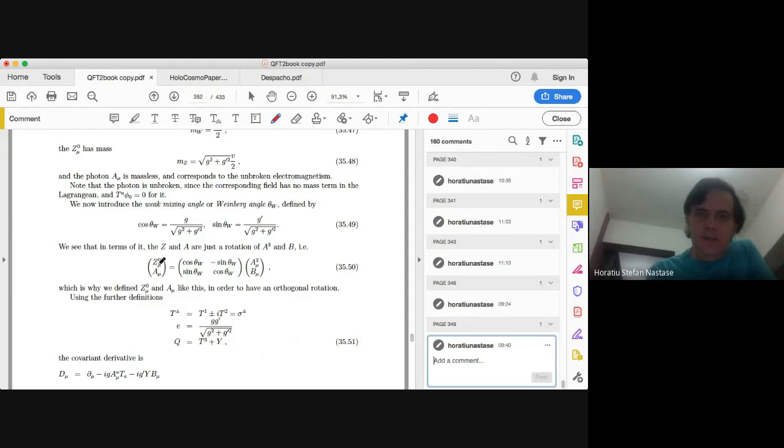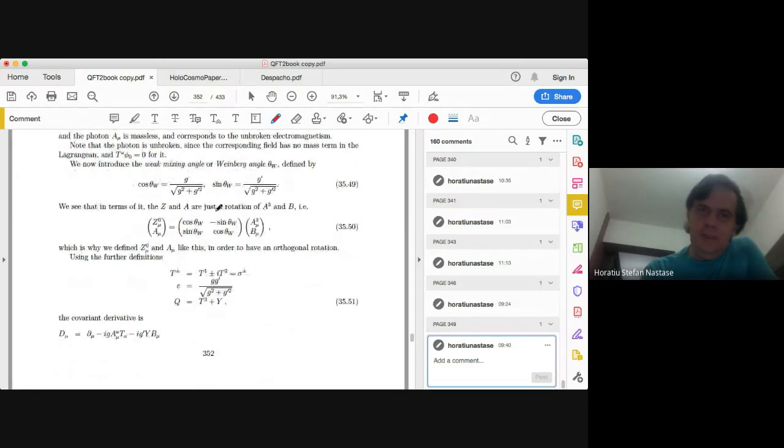So between Z0 and A mu, this is really a rotation of the third component along tau 3 of the SU(2), so A mu 3, and the hypercharge gauge field B mu. So a rotation with the rotation matrix cos theta W, minus sin theta W, sin theta W, cos theta W. So this is just an orthogonal rotation, right?